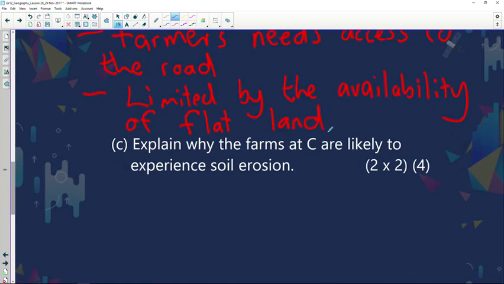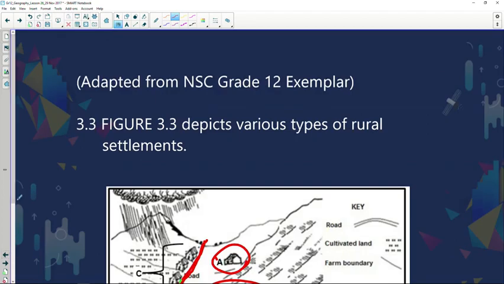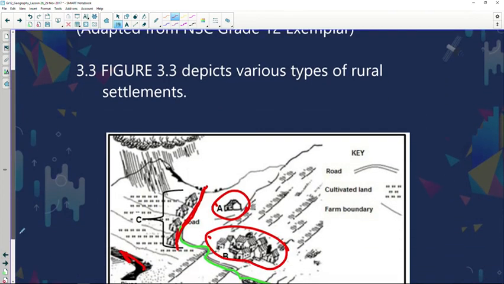Okay, if we quickly look at question number C, explain why the farms at C are likely to experience soil erosion. Now, if we look at the farms at C, why do you think they're going to experience soil erosion? Now, as you can see, there's a rain cloud above over there, and if you look at their farmland, it's been built upslope with a steep gradient.